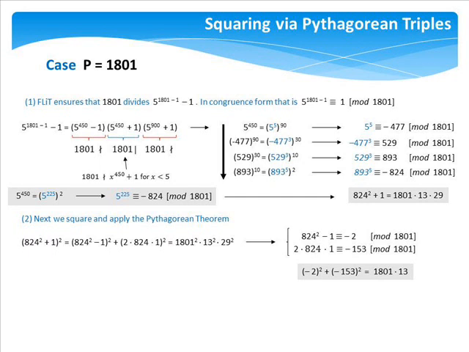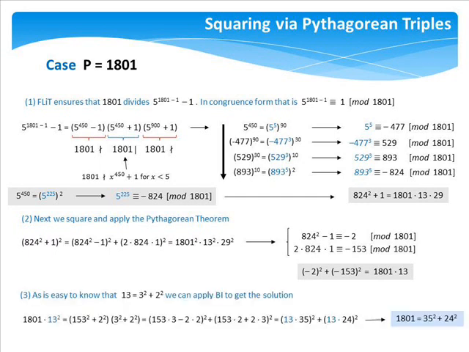This time, the sum of the squares of the residues doesn't yield the solution right away, but it gets us pretty close. That's because 13 can be easily decomposed as 3 squared plus 2 squared. So the third and final step is to apply Brahmagupta's identity, and that gives us the solution: 35 squared plus 24 squared equals 1801.